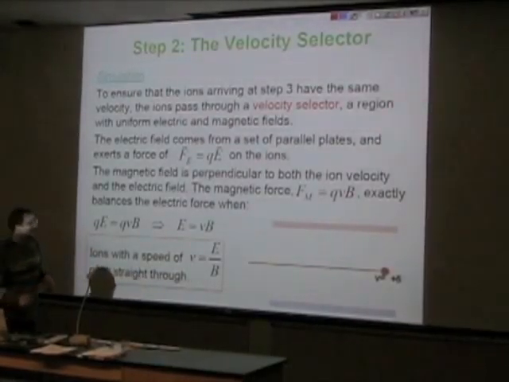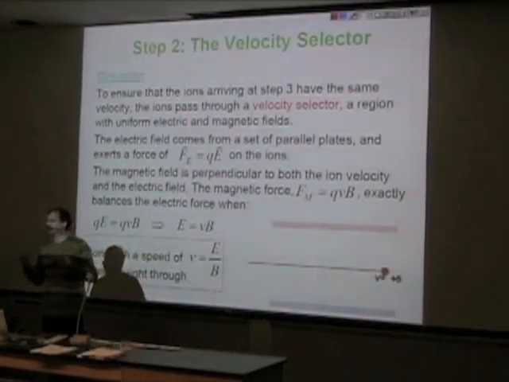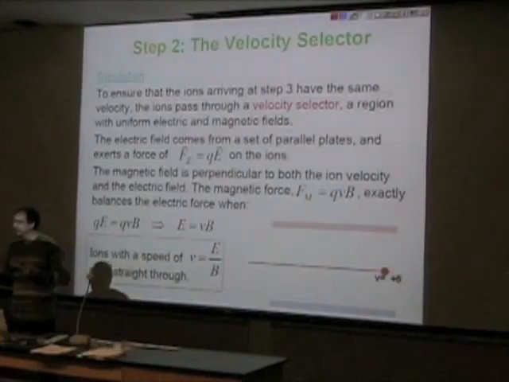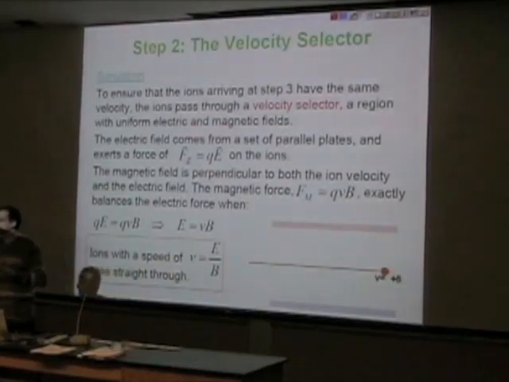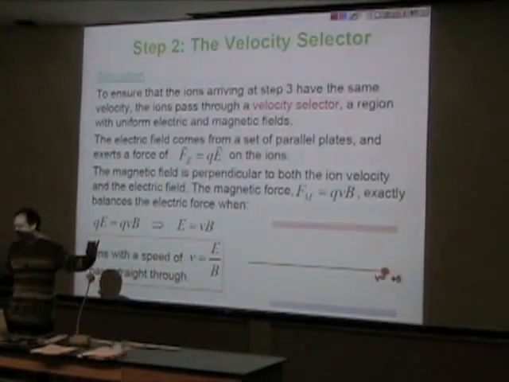A velocity selector is a region where two fields are active on a particle, electric and magnetic. And on Wednesday, we had a problem similar to this. Two fields, however, the particle doesn't have any acceleration, net force equals zero, it's traveling with constant velocity. How could it happen?